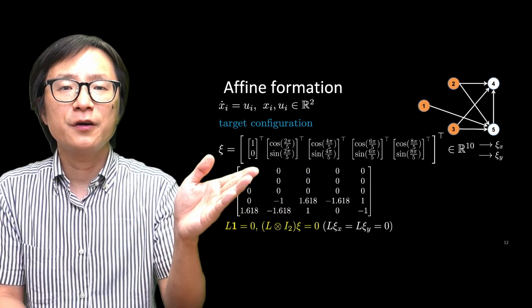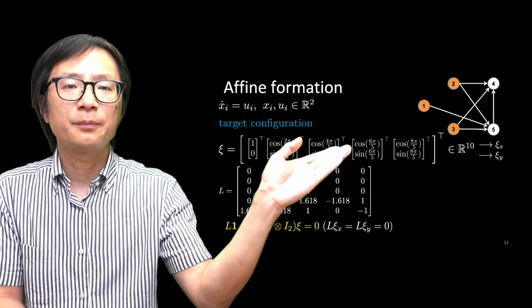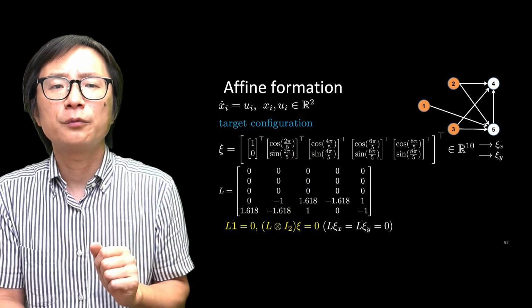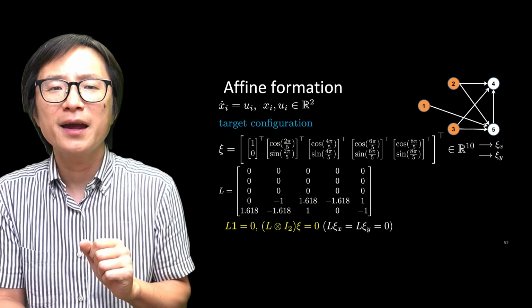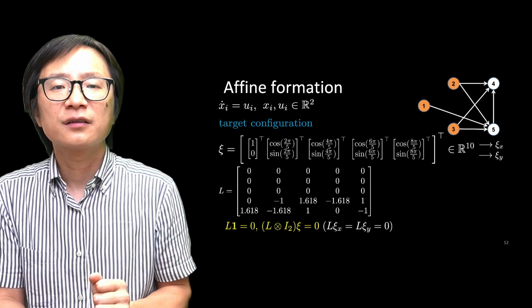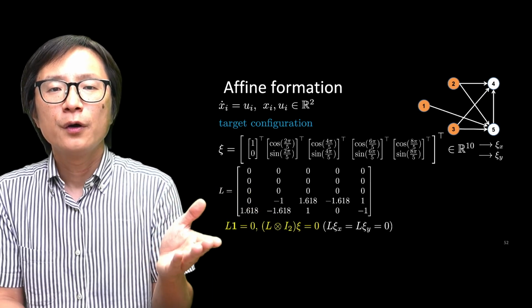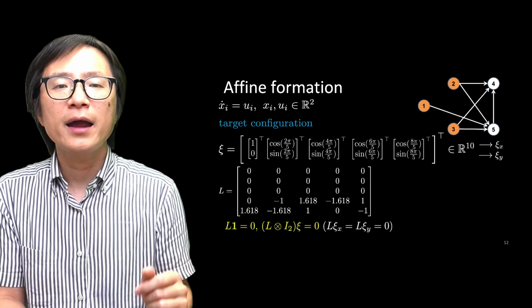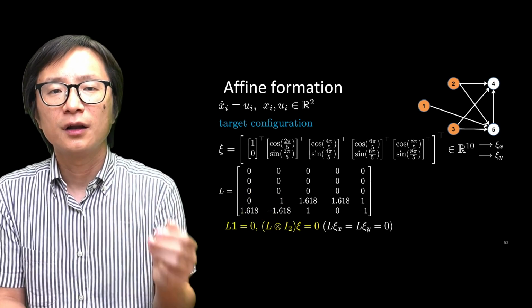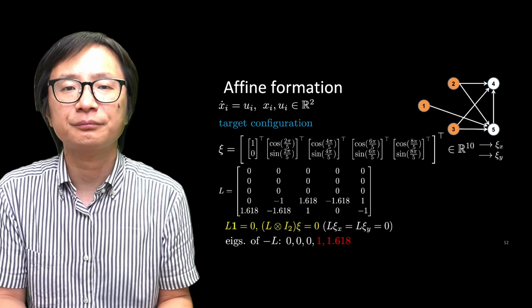If we view this target configuration axis by axis, denoting those by Cx and Cy, then in fact we have L times Cx equals 0, L times Cy equals 0.